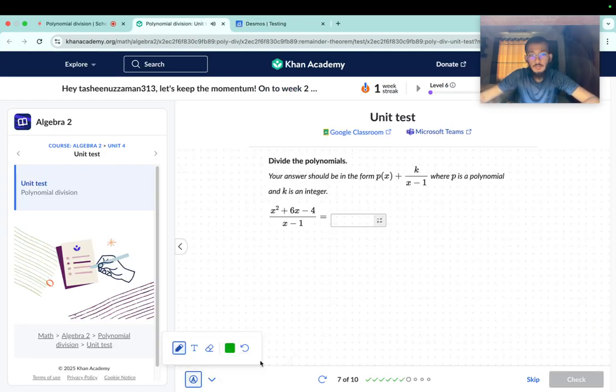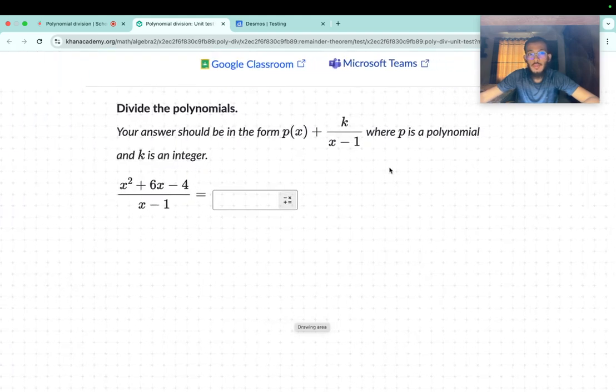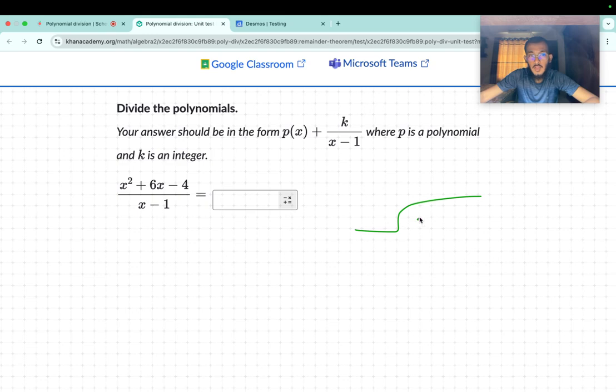All right, question 7. Your answer should be in the form where p is a polynomial and k is an integer. You have to divide x squared plus 6x minus 4 by x minus 1. I take x, so x squared minus x. When we subtract, we get 7x minus 4.